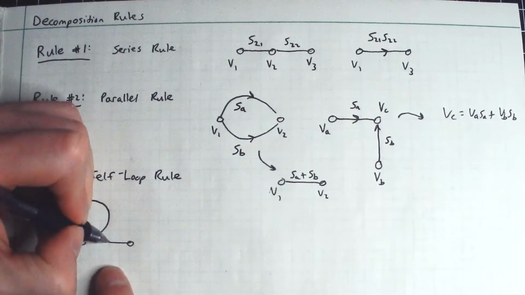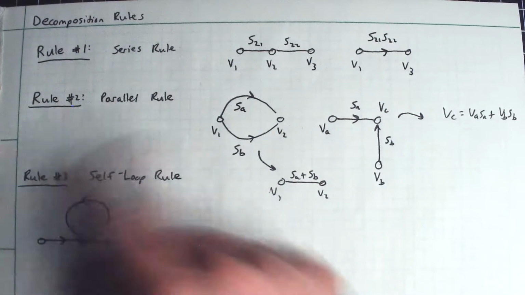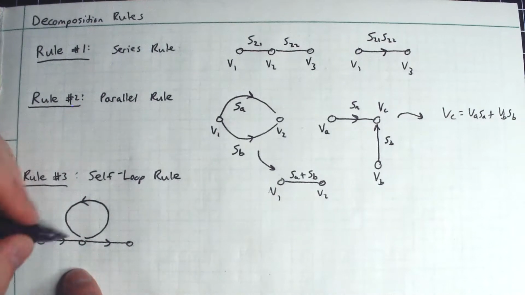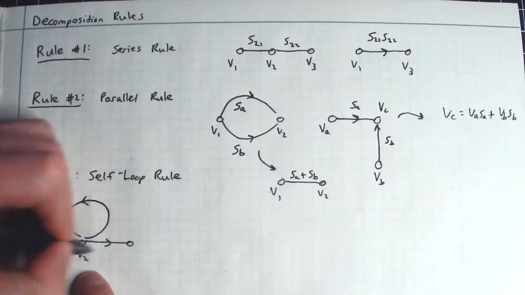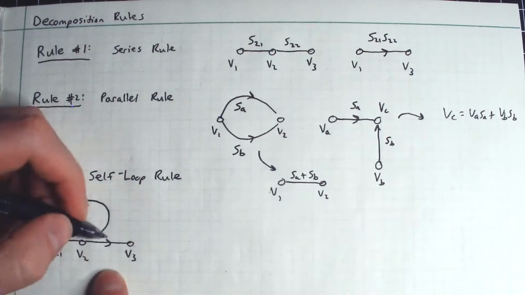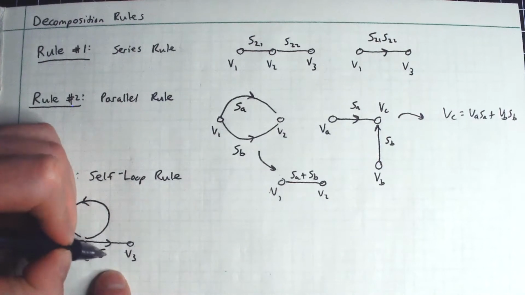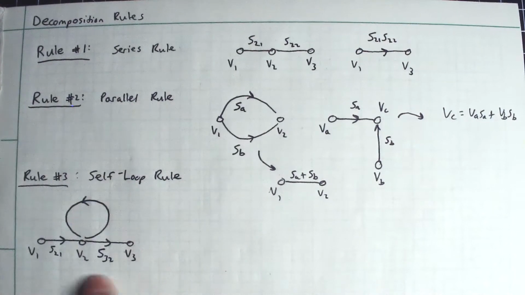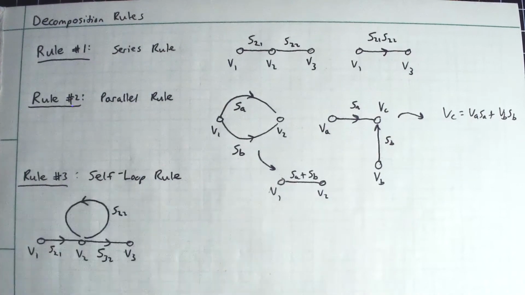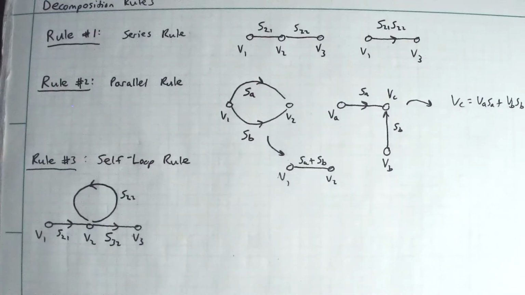Any branch that goes from a node back onto the same node has a special simplification. So V1, V2, and V3. This one here is my S21, and your book calls this one here S32. I don't know why they don't just say A, B, and C, but this is the notation your book uses.